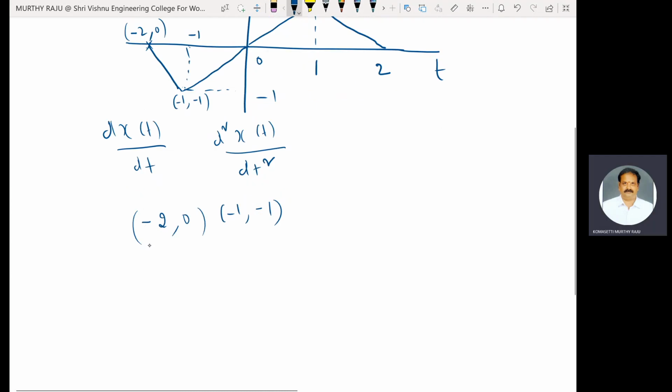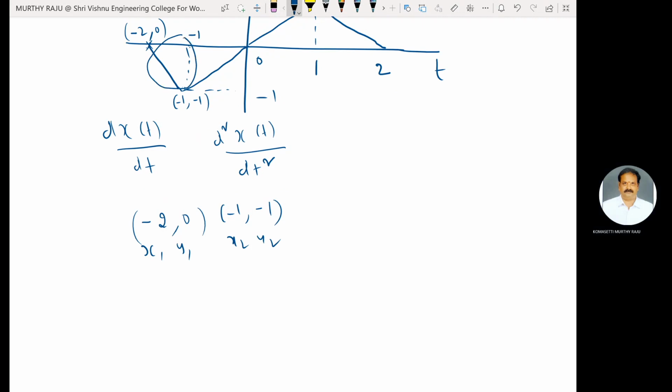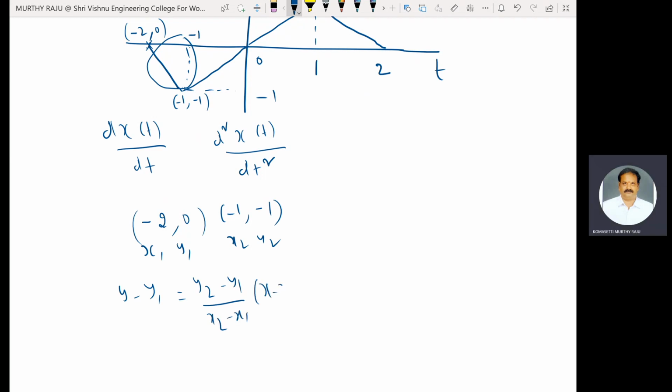First of all, you have to find the equation using x1, y1, x2, y2. Consider this portion. y minus y1 is equal to y2 minus y1 by x2 minus x1, times x minus x1.